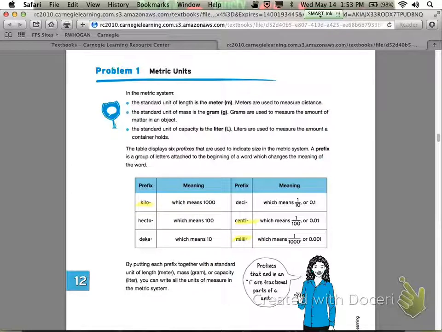Kilo means 1,000, centi means 100th or 0.01, and milli means 1,000th or 0.001. By putting each prefix together with a standard unit of length, whether it's meter, gram, or liter, you can write all of the units of measure in the metric system.